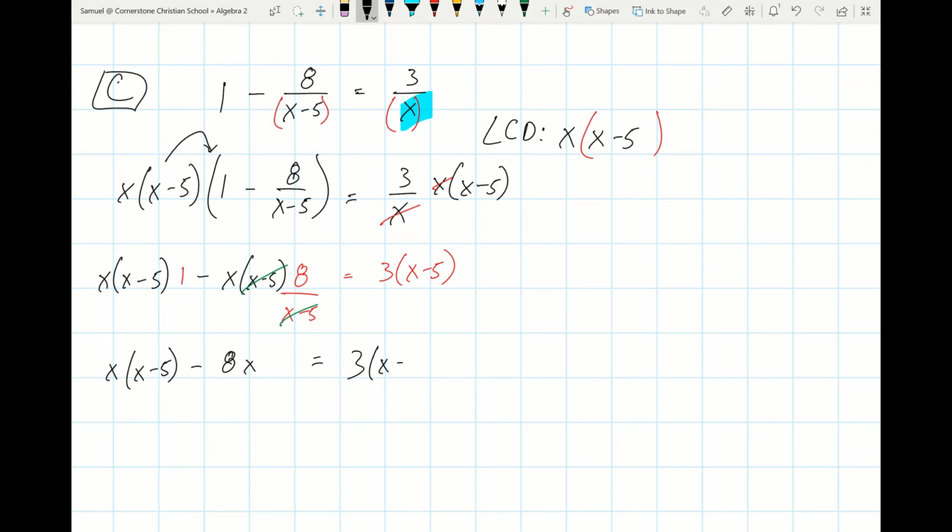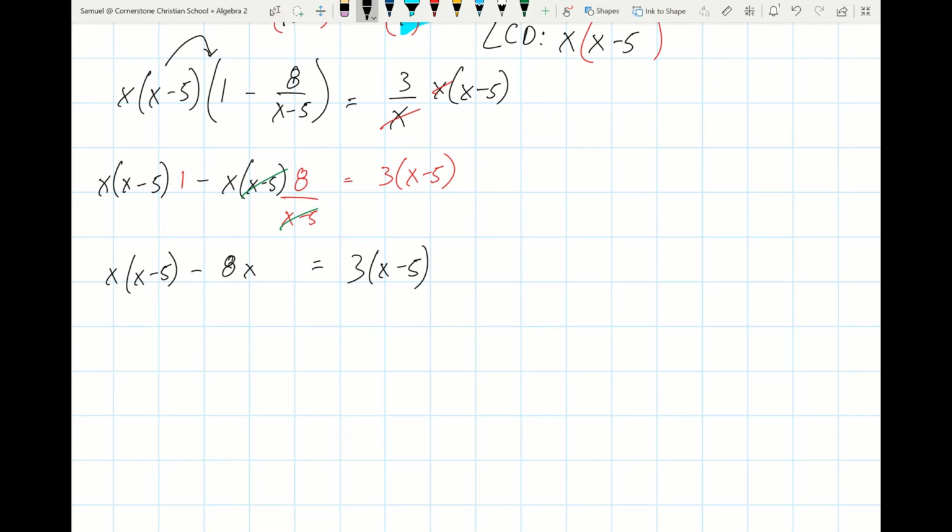Bring this side down. Got rid of all of my fractions. So now I can distribute and solve for x. Starting on the far left side, x times x is x squared minus 5x minus 8x, that just comes down, equals, again, distributing over here, 3x minus 15.